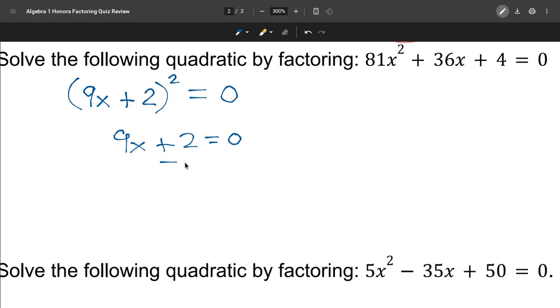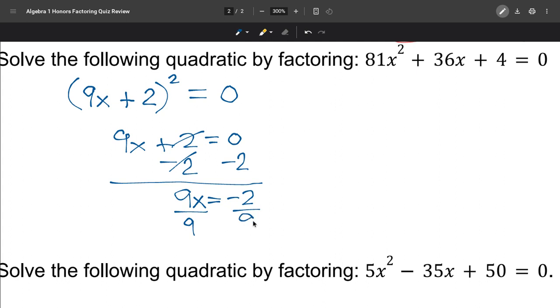We're going to subtract 2 from both sides. 2 minus 2 is 0. We get 9x equals negative 2. Divide both sides by 9. And we get x equals negative 2/9 as the solution there.